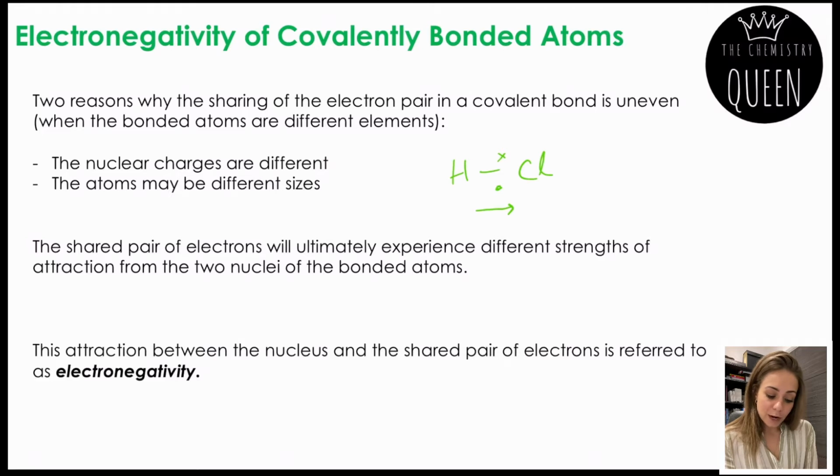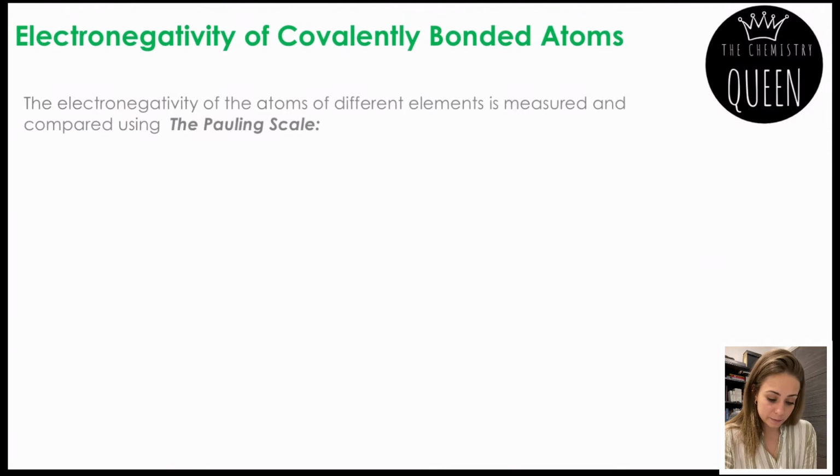This attraction between the nucleus and the shared pair of electrons is referred to as electronegativity. So the strength of this attraction between the shared pair of electrons and the nucleus is referred to as electronegativity.